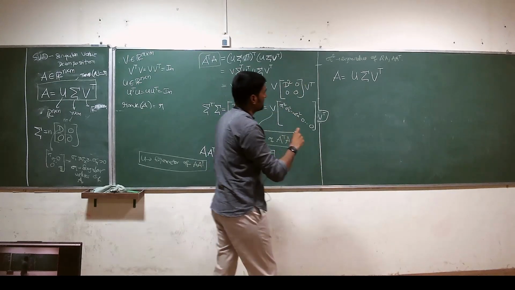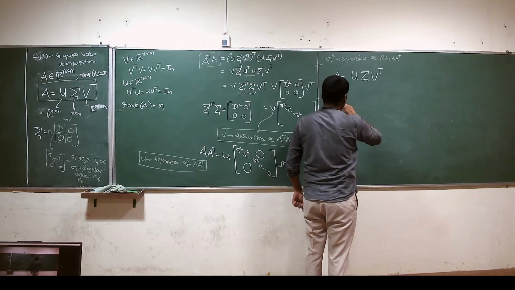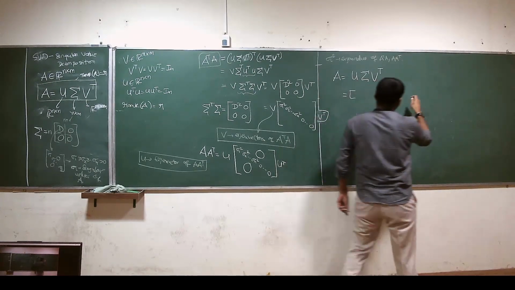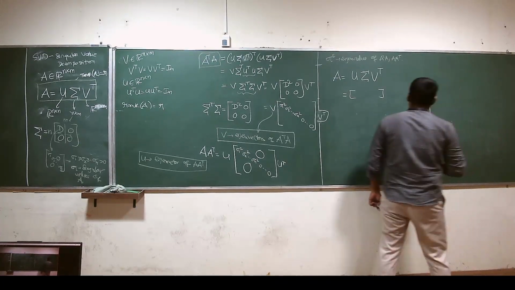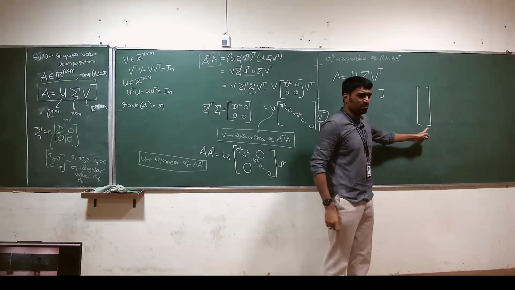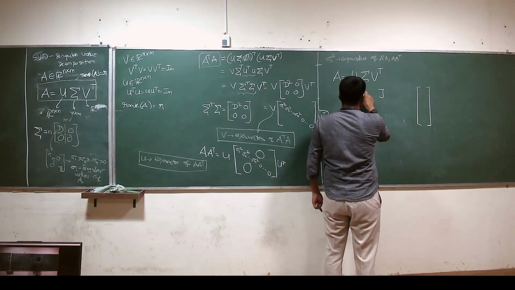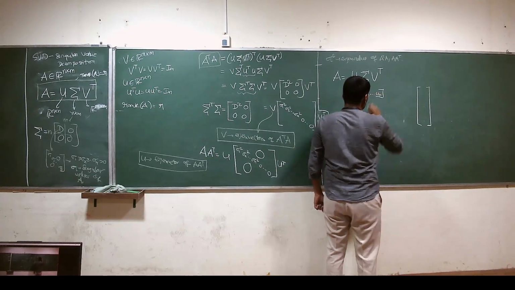It turns out that, let's say this is of rank R, right? How many columns do we have for U and how many rows do we have for V? N columns, M rows, right? So the columns would be U1, U2, UR, and then from there UN.